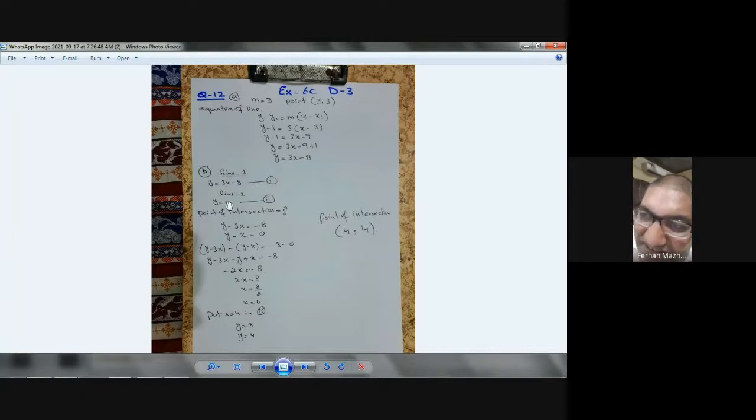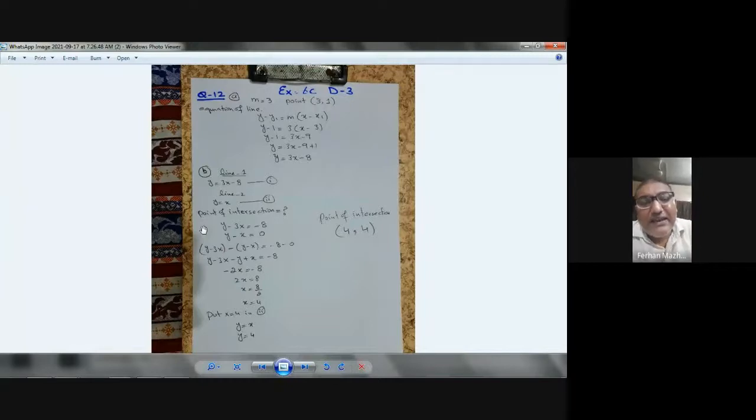I took the x to the other side. If you want to find their point of intersection, I will solve them simultaneously. In both these equations, the coefficient of y is plus 1. So I will simply subtract the second equation from the first equation.